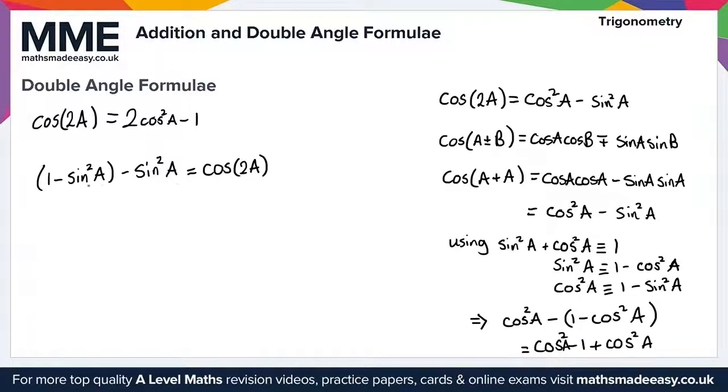If we simplify this result, we obtain 1 minus sine squared a minus another sine squared a. Therefore, cos of 2a is simply 1 minus 2 sine squared a. Okay, so those are our 3 results. If we highlight them with a different colour, these are our 3 results here.